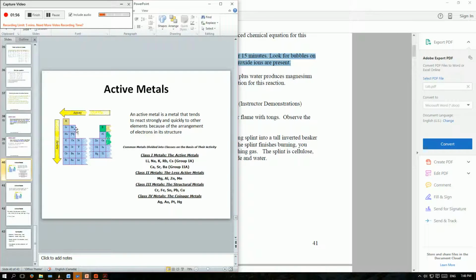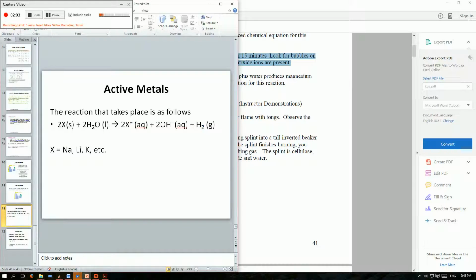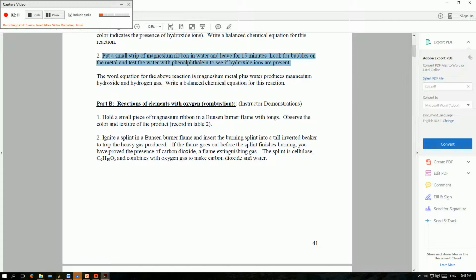So group 2A stuff, which is up here, will basically go through this reaction. If we replace Mg here, basically you would get H2 gas, which would be the bubbles, but since it's magnesium, it's not as reactive as sodium.